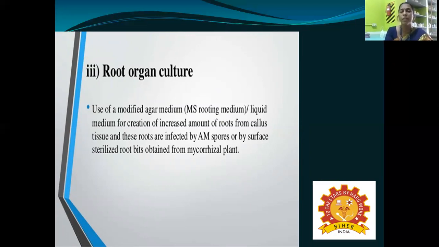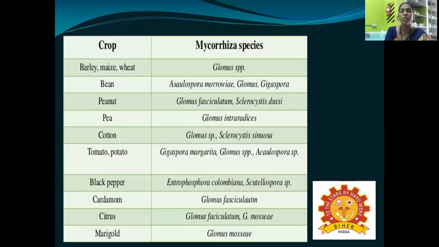So MS rooting medium, this is the modified agar media, and this liquid media is for creation of an increased amount of root from the callus tissue, and these roots are infected by AM spores or by the surface-sterilized root obtained from the mycorrhizal plant. Okay, so these are the techniques.